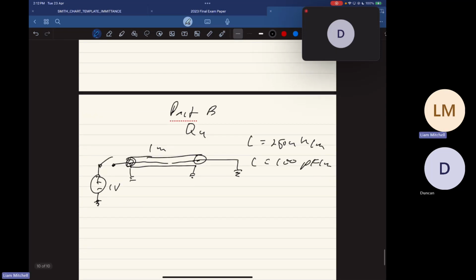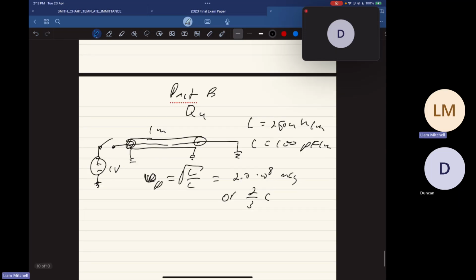So first, before we do anything, we need to find the speed of propagation, to find the time delay along the line. Our VP is root L on C, and we find this as 2.0 times 10 to the 8 meters per second, or 2/3 of the speed of light. And then if you do the math, our 1 meter leads to a 5 nanosecond delay.